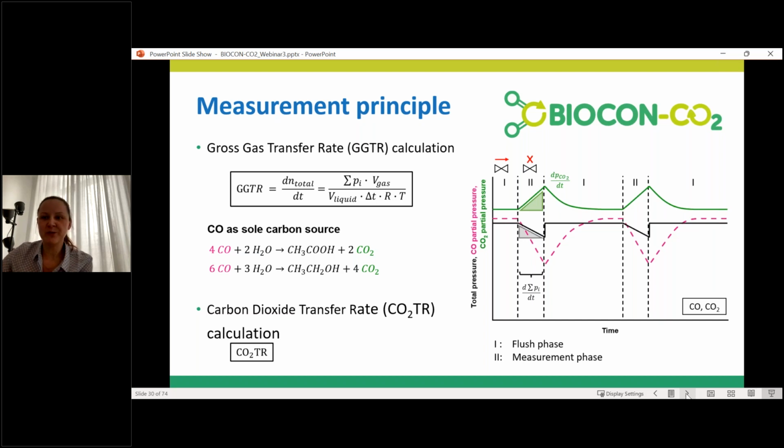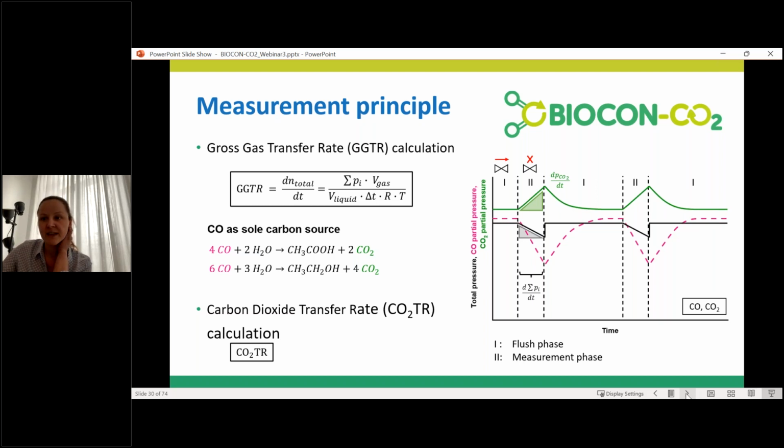If we think about a relatively basic gas fermentation system where carbon monoxide is the sole carbon source, carbon monoxide is represented in the right diagram as the pink dotted line. Within the gas shaker system, we have 2 phases, a flush phase and a measurement phase.